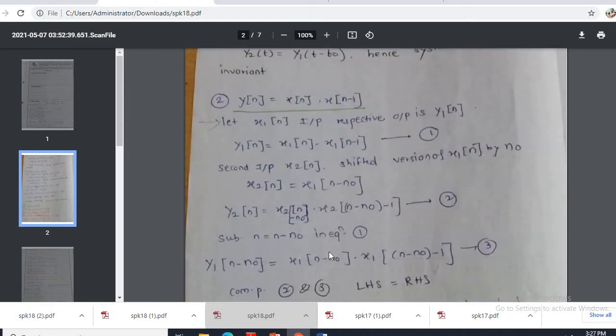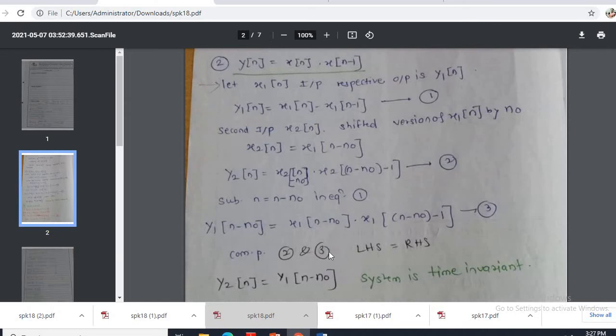Now the next one. Say a discrete time system is given, y[n] is equal to x[n] times x[n minus 1]. Let x1[n] be the input and respectively the output is y1[n]. Now y1[n] we write according to the system equation, so it is x1[n] into x1[n minus 1].